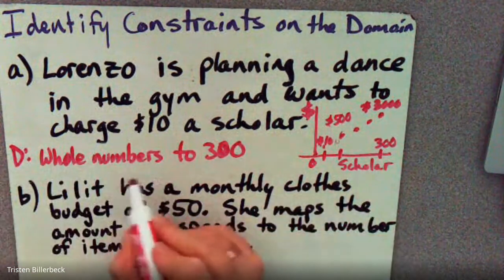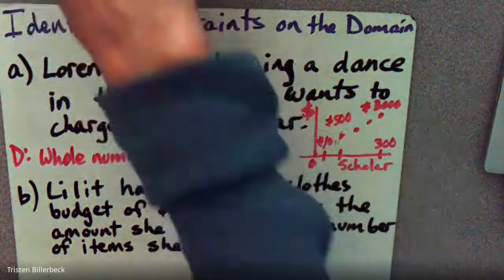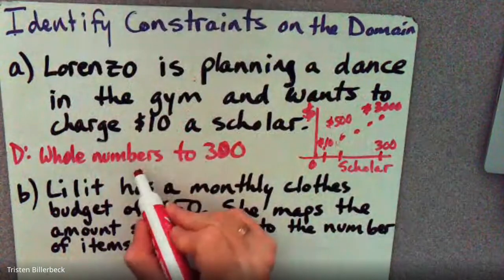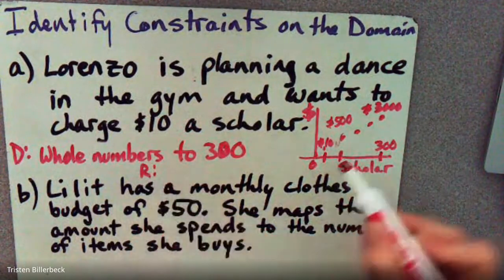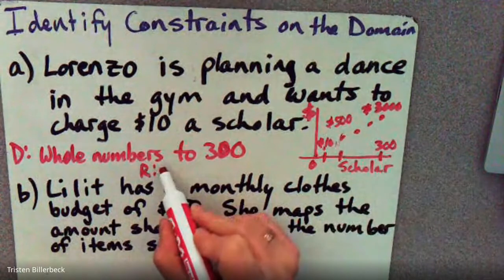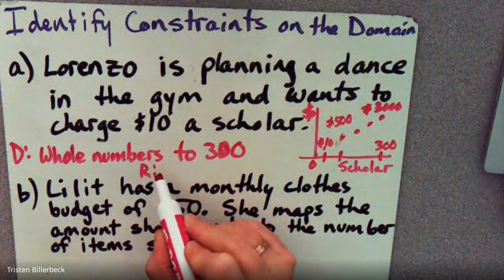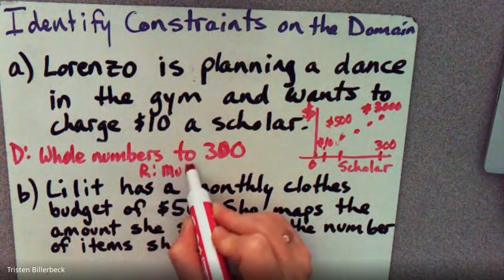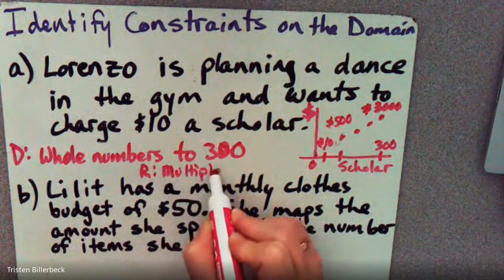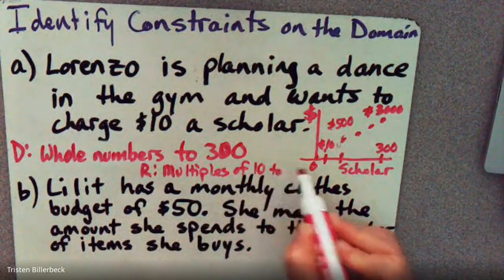And then the range. The range would be whole numbers to 3,000. Well, it's going to be multiples of 10 to 3,000.